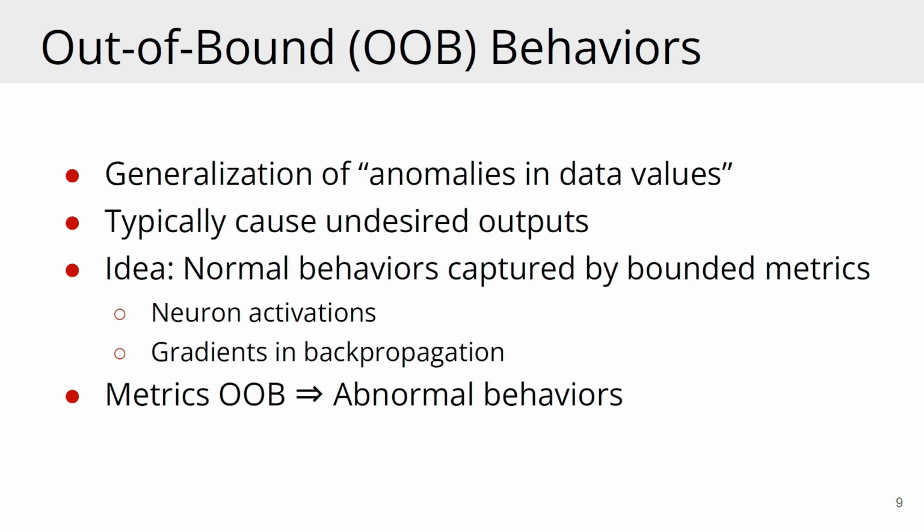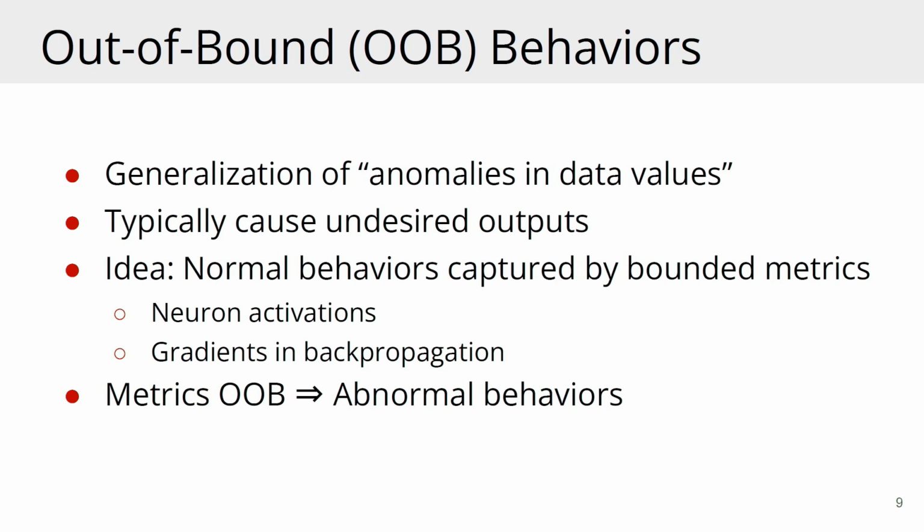To generalize the idea of anomalies in data values, we call this kind of anomaly out-of-bound behaviors. Typically, they cause the DNN model to produce undesired outputs. For example, for a classifier model, it could be a wrong classification result. The idea here is that for DNN models, their normal behaviors can be captured by some bounded metrics.